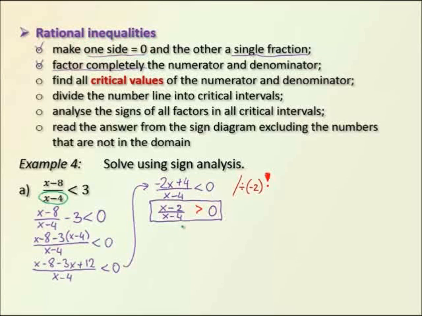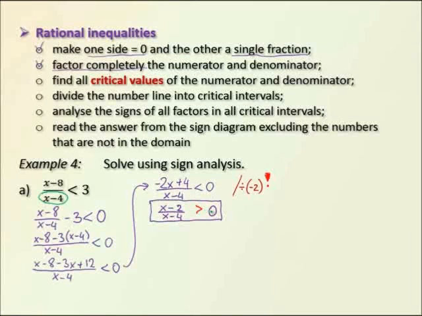Okay, so we have a single fraction on one side in a factored form and 0 on the other side. So again, we're going to use the zero product. It's not a product, it's a quotient, but it works the same way as products. So we analyze signs.